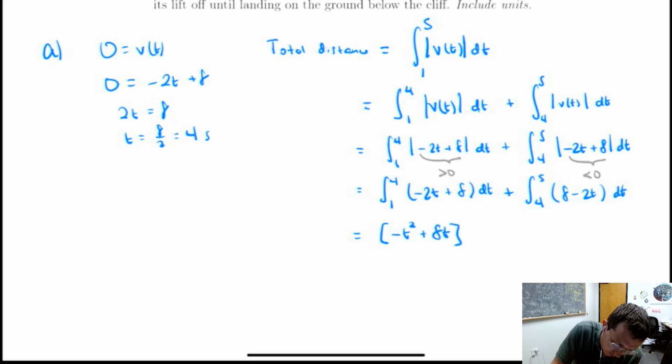Now I can just evaluate these definite integrals using the fundamental theorem of calculus.